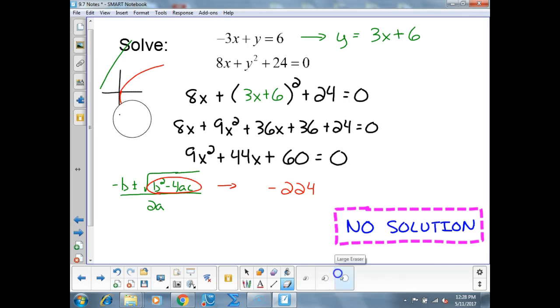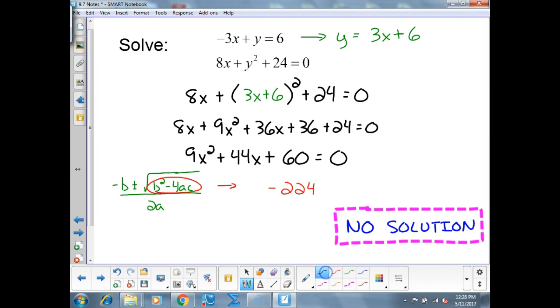No, it's a right opening one, because it would be negative. So this one comes through like this, and then the parabola comes through like that. Okay? So they don't intersect. They're close, but they don't. Right. We're not playing horseshoes.